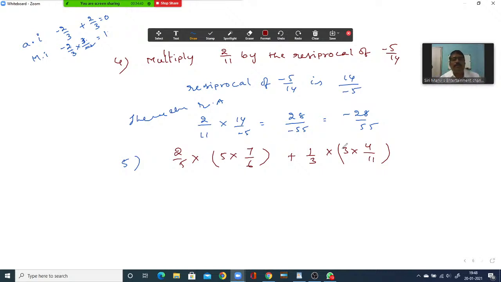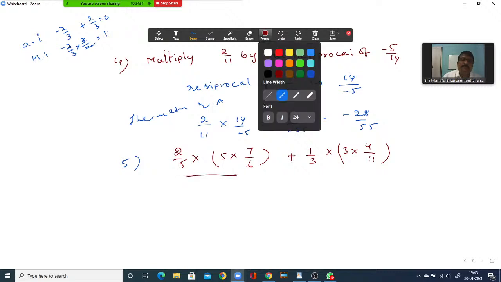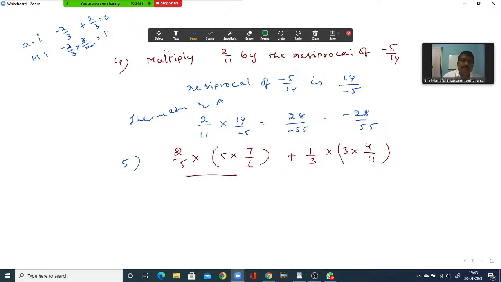Okay, which property do we use? Can anybody mention in the chat box? First you can take this one. This is nothing but associative law in multiplication, because there are 3 numbers.